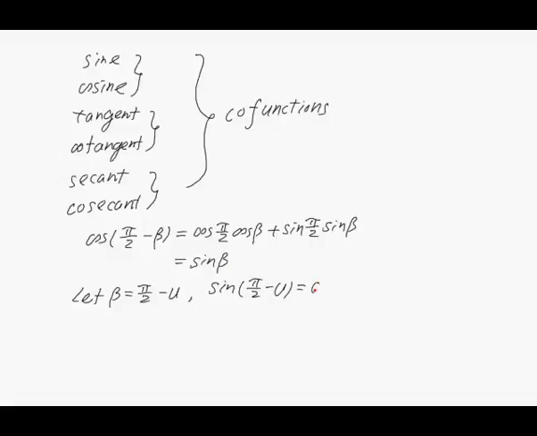We get cosine of half pi minus beta, where beta is equal to half pi minus u. And then we simplify, we get cosine u, right?